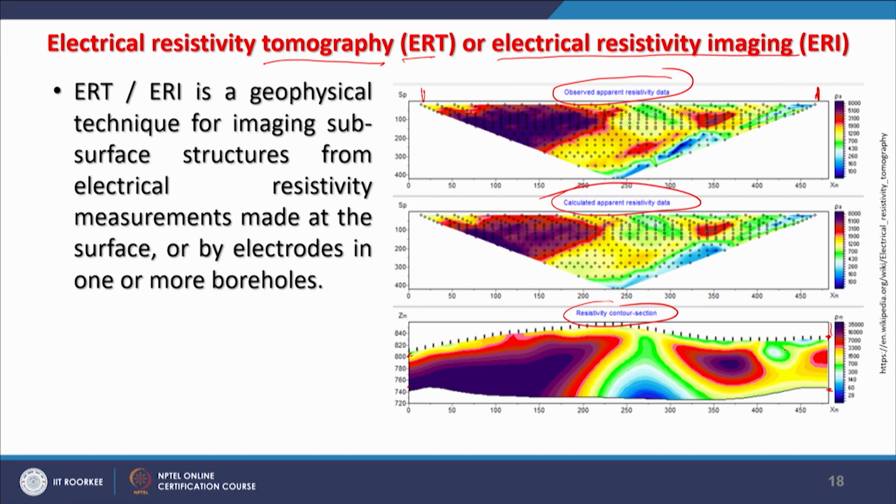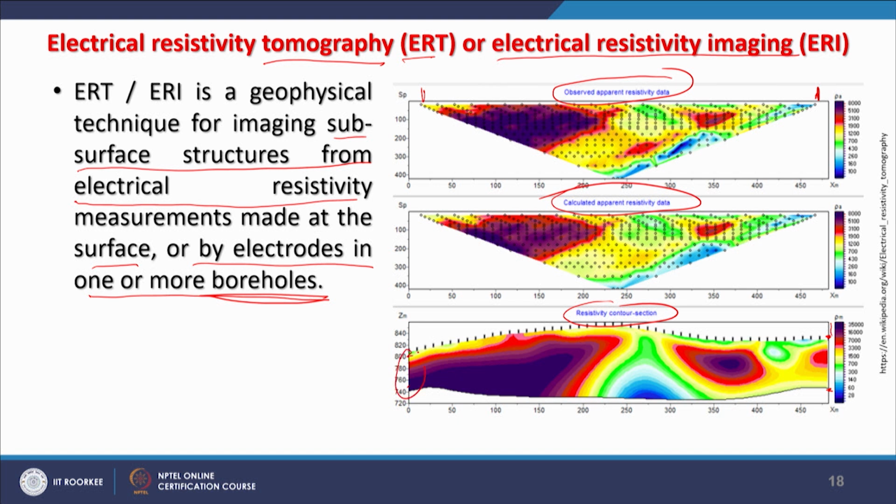That means ERT or ERI, the imaging or tomographic techniques, will give you information about subsurface structures and formations. The fundamental is the same, that electrical resistivity will vary, and that is measured at the surface and by electrodes in one or more boreholes. This is important. Only then do you get such subsurface information.